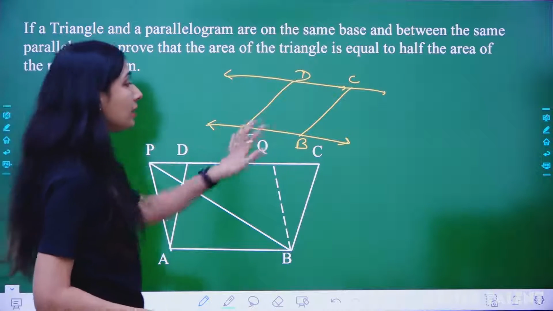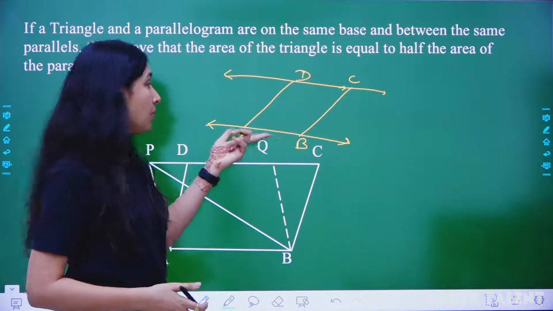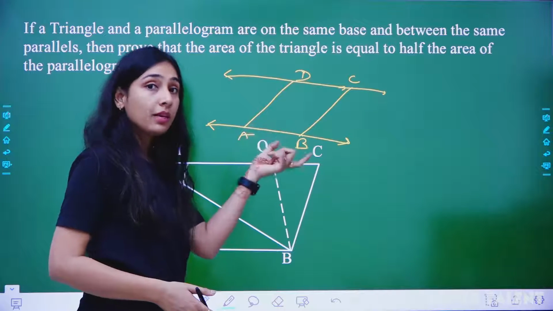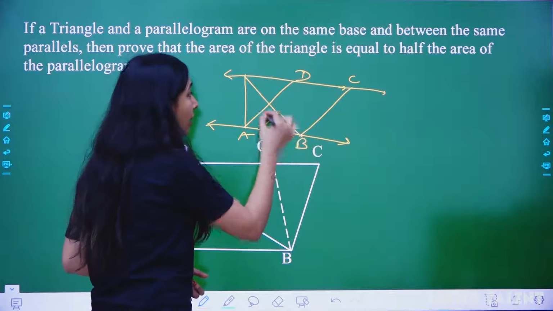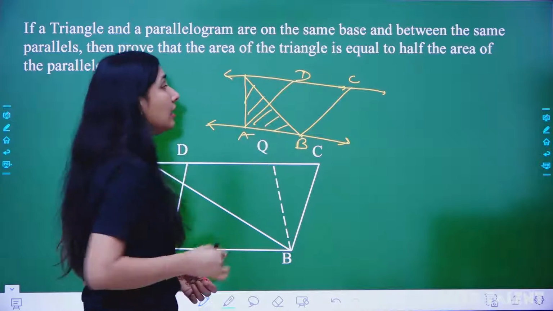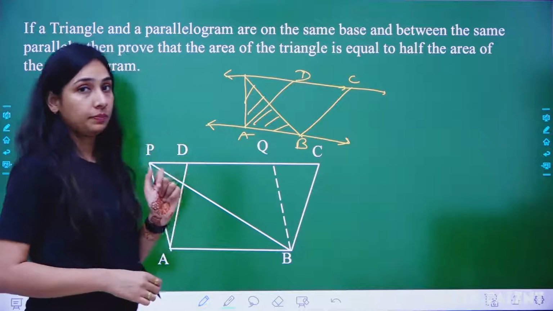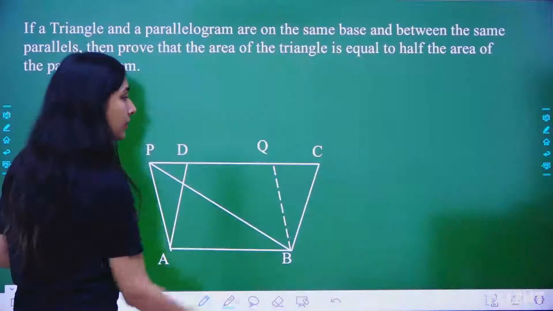Having the same base AB and the same parallels, if I draw any triangle, its area will be just half of the area of the parallelogram with the same or equal base. This we have to prove.